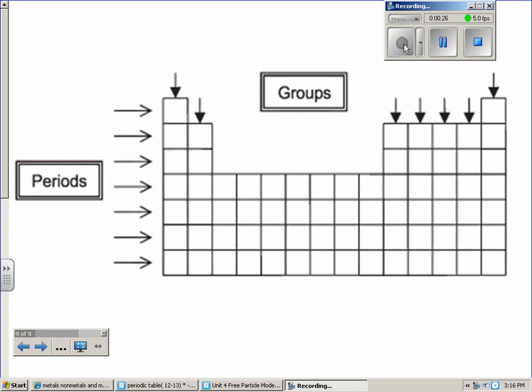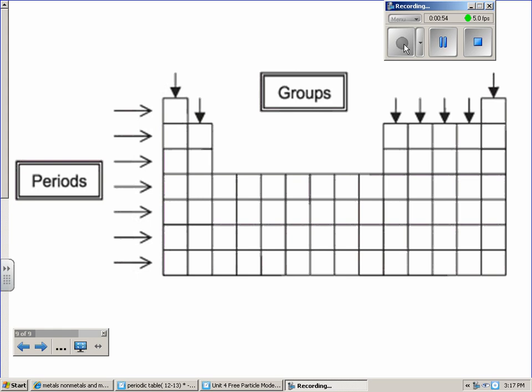Oh, isn't it though? So, to start off, you see a periodic table on the board, but there are no names or numbers of any kind. All you see is the words groups and periods. I wonder what those mean. Let's take a look.